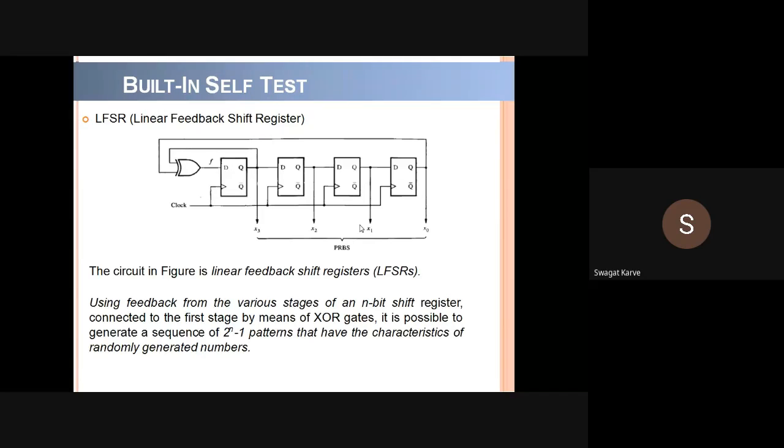So I will discuss the linearity of this digital circuit, this linear feedback shift register.